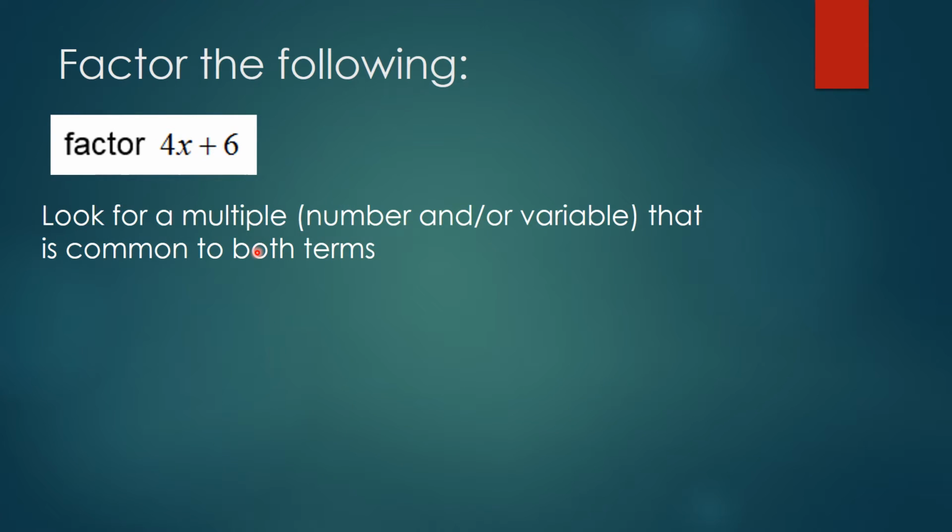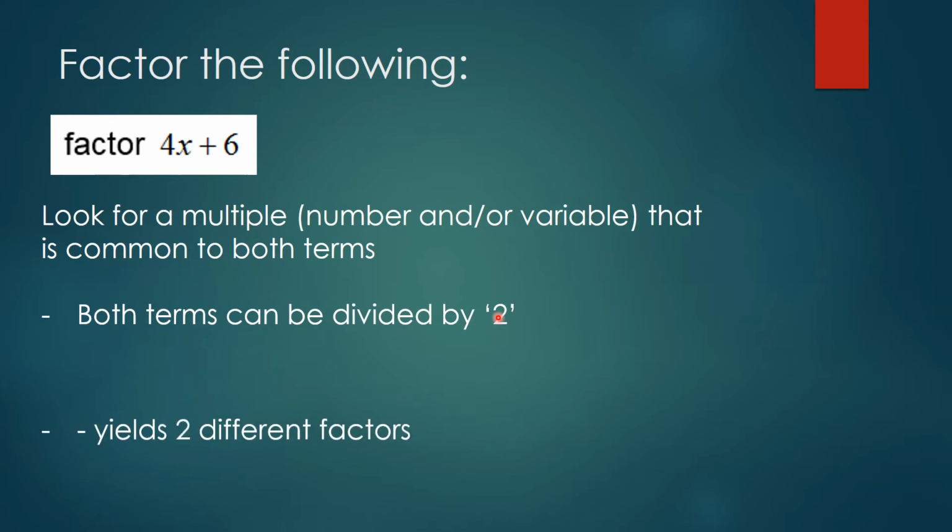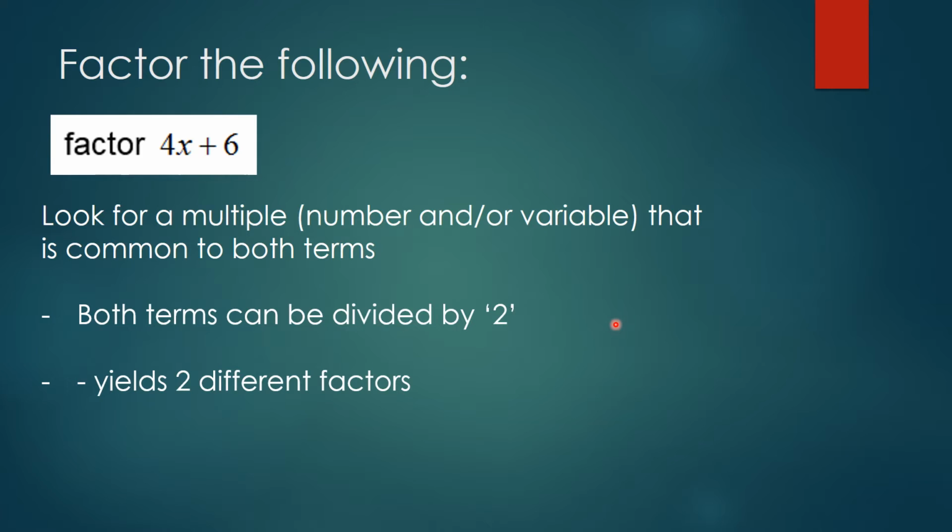Factor this one. Look for a multiple that is common to both terms, 4x plus 6. You can divide 4x by 2, and you can divide 6 by 2. So if we divide both terms by 2, it's going to yield two different factors. 4x divided by 2 gives you 2x, and 6 divided by 2 is 3.